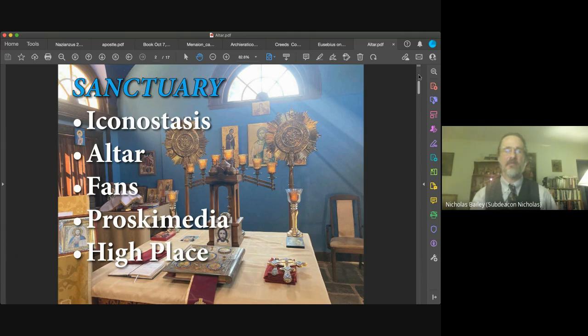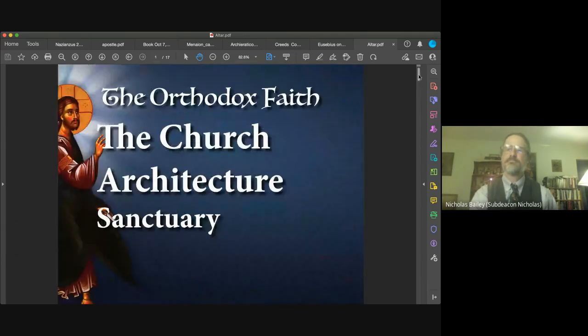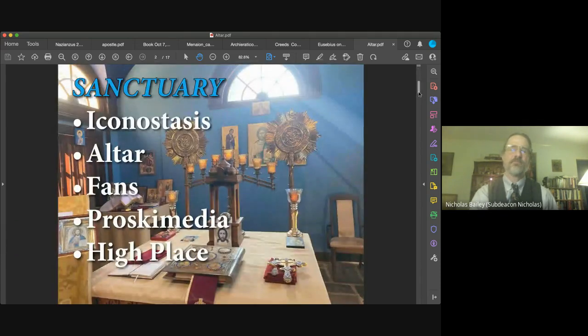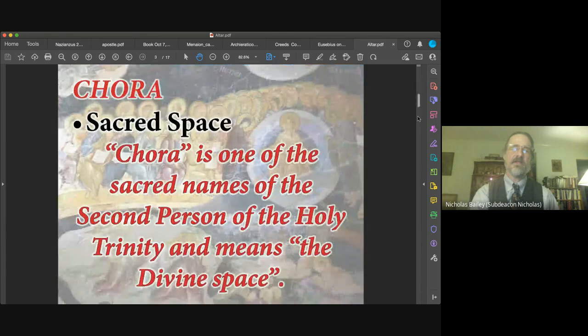These are the elements we're going to be talking about tonight: the iconostas and the altar, the cross media, the high place.